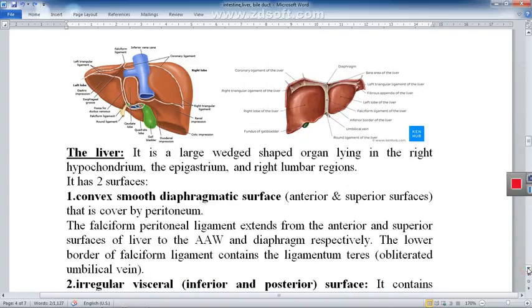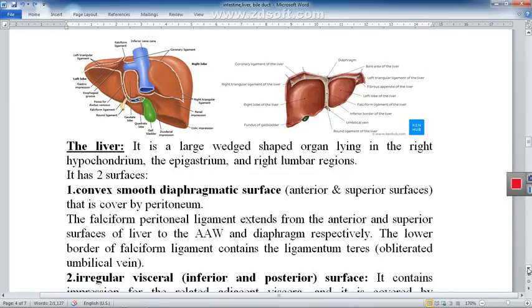And now I will talk about practical aspects of the anatomy of the liver. The liver is a wedge-shaped or pyramidal organ.